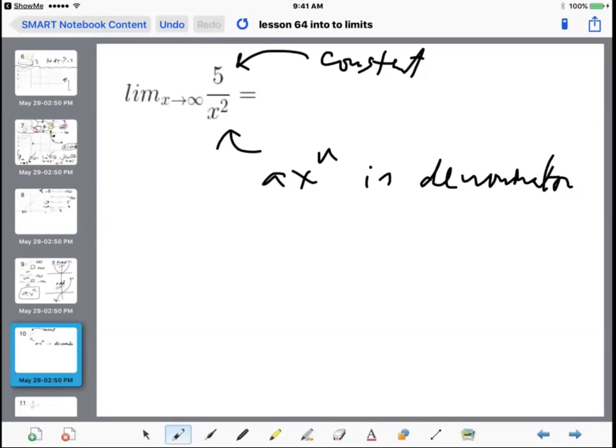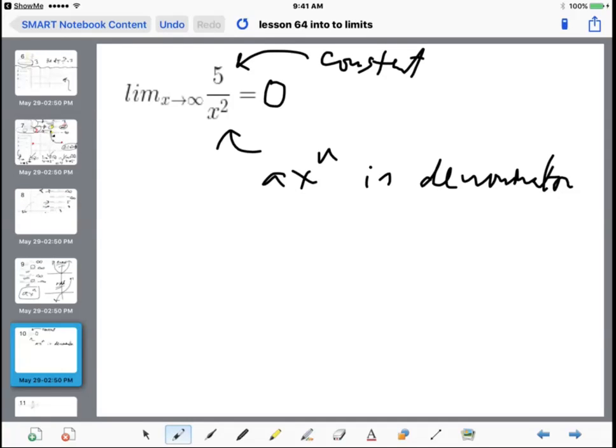You could type into the chat, what's the answer for this question? And 0 is the right answer.